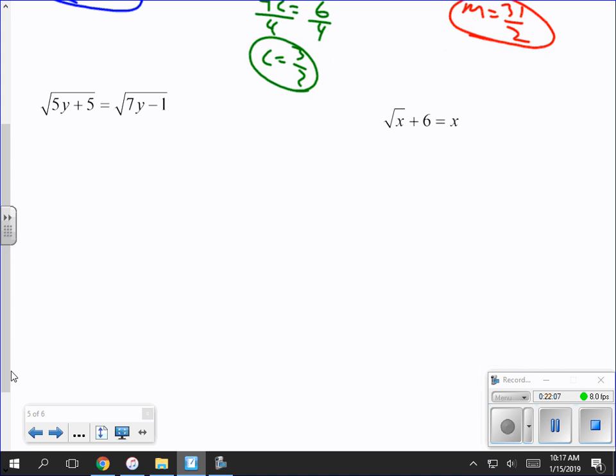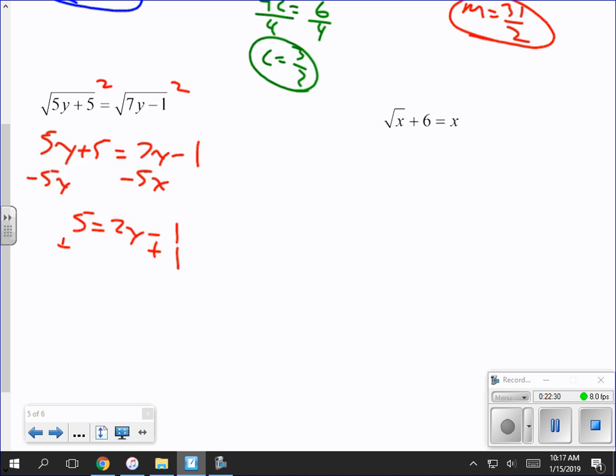Okay, next one. Same process. Square root equals square root. I don't have anything else involved. Square both sides. 5y plus 5 equals 7y minus 1. Subtract 5y from both sides. 5 equals 2y minus 1.